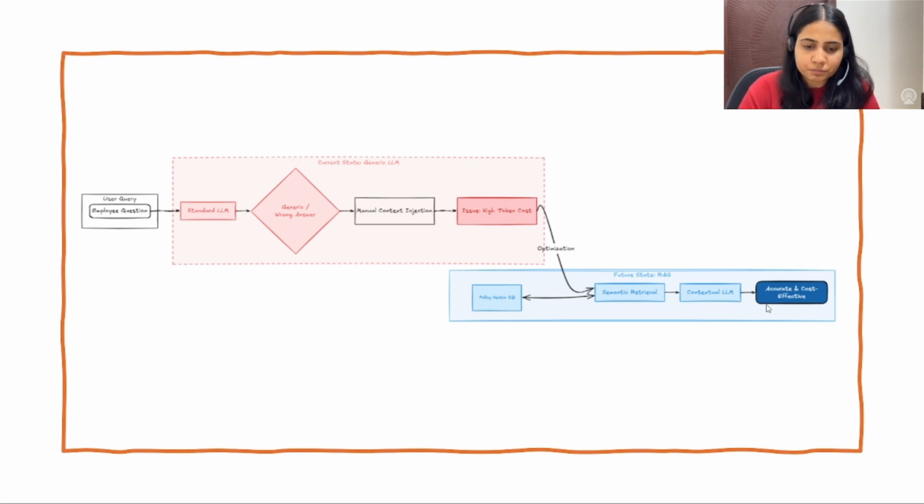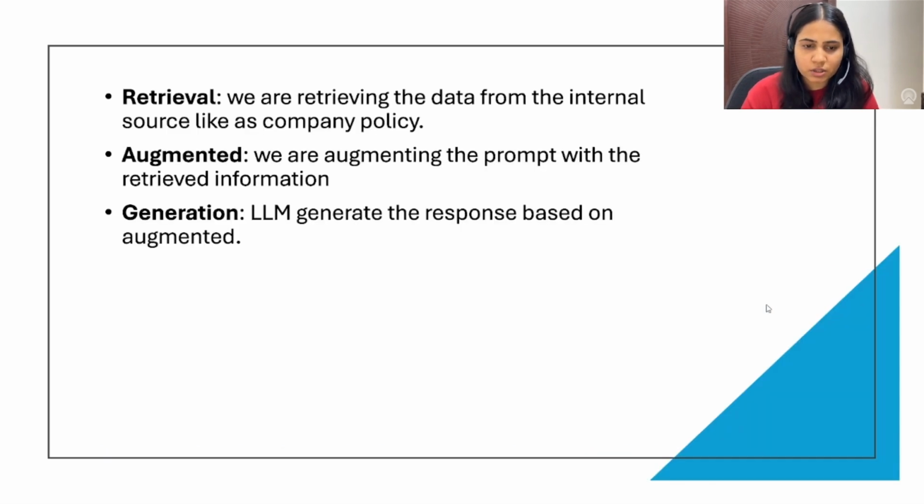Okay, so this is divided into three parts: retrieval, then augmentation, and then generation. Retrieval means we are going to retrieve data from internal sources, such as company policy, or public resources, such as blogs or articles. Augmentation means we are augmenting the prompt with the retrieved information.